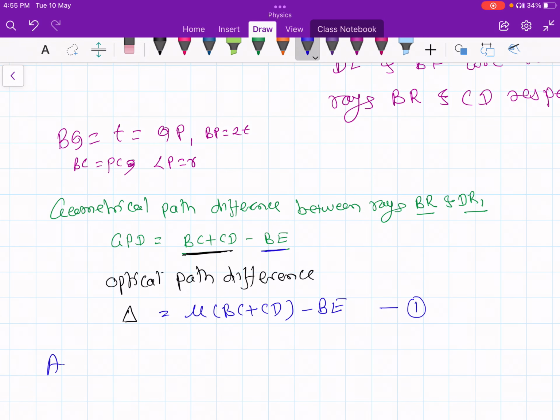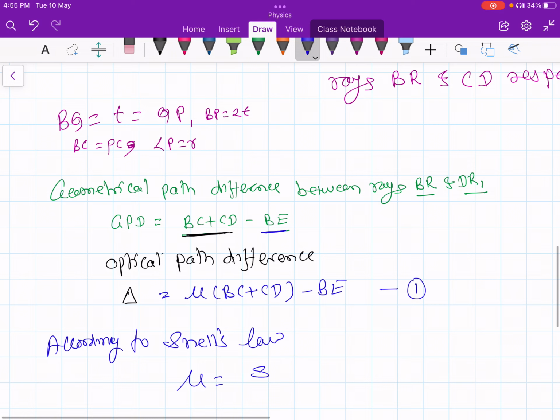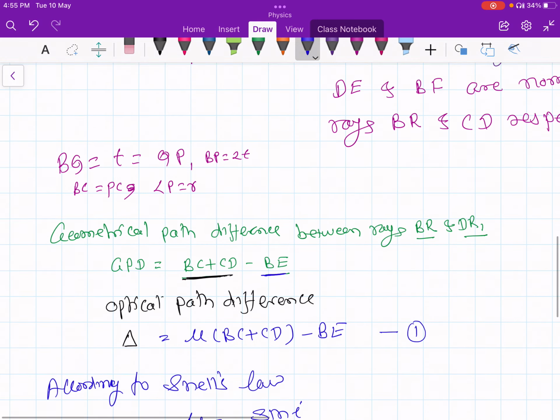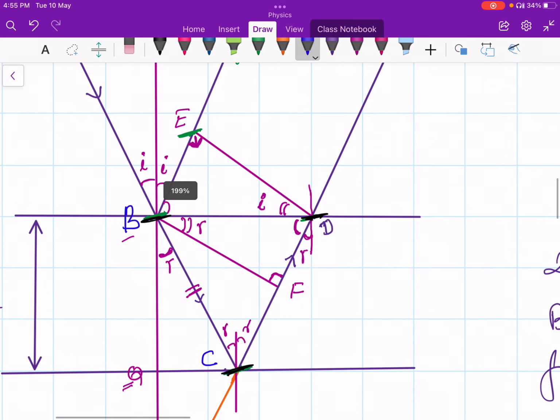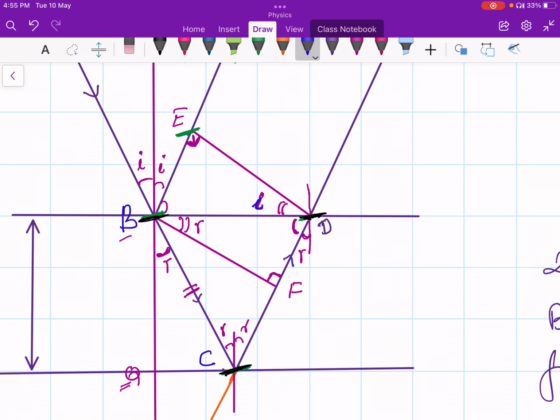Then according to Snell's law, mu is equal to sin I upon sin R. Now let's see how much sin I is here. This is the angle I over here, and sin I is equal to BE upon BD.